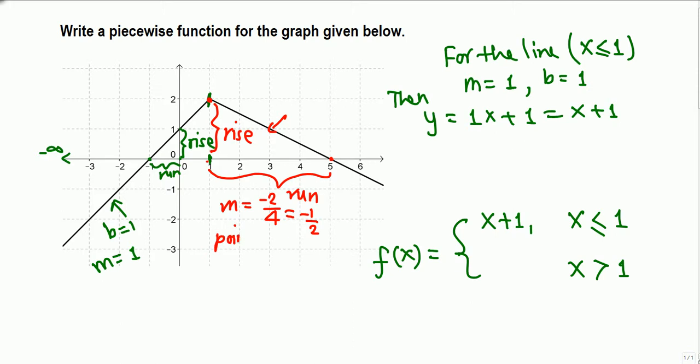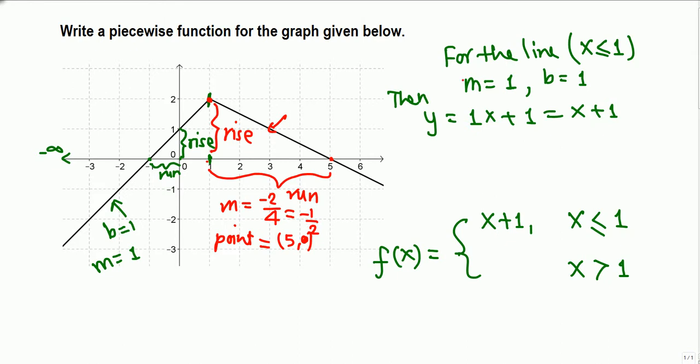We have (5, 0) or (3, 1) or (-1, 2). So let's use this (5, 0). Point is (5, 0), and we use this point to determine y-intercept. Technically this point is not on this line because we said x less than or equal to 1, but to find the equation will be fine.